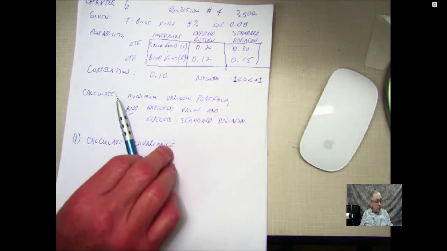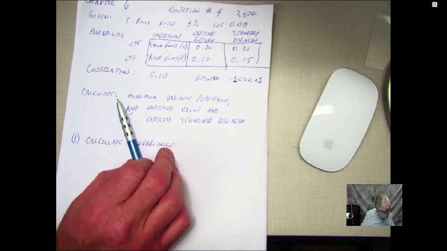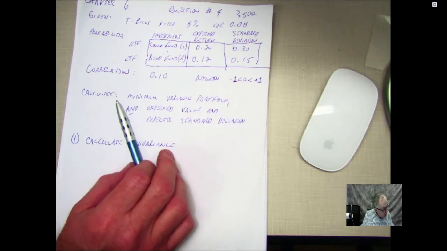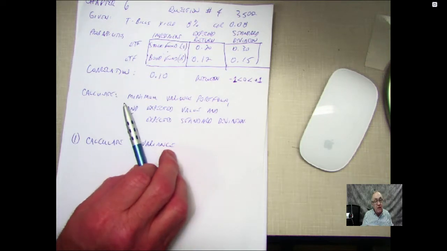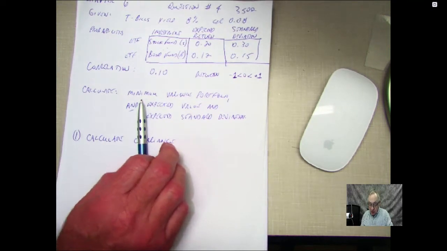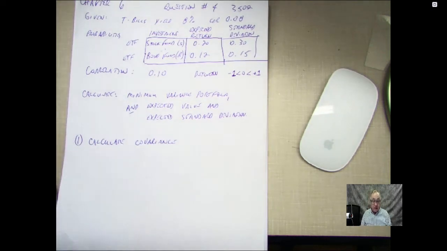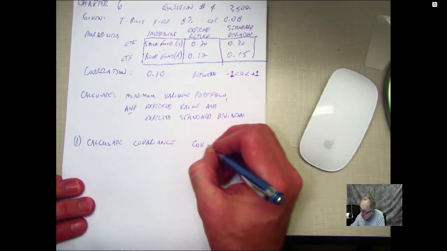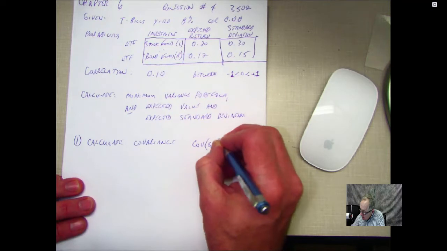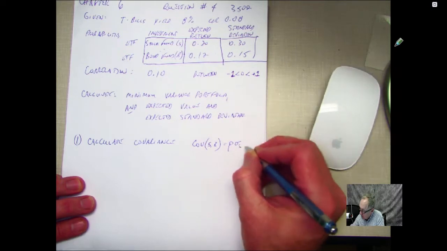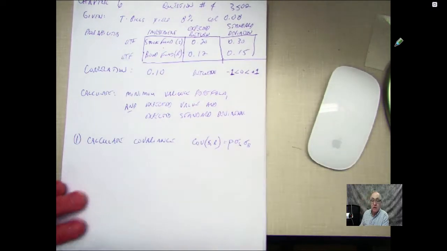The first part of question 4 asks us to calculate the minimum variance portfolio of the risky funds, then explain the expected return and standard deviation of this portfolio. Our first step is to calculate the covariance of each of our portfolio pieces. Remember our formula for covariance between S and B: rho times the standard deviation of one times the standard deviation of the other.